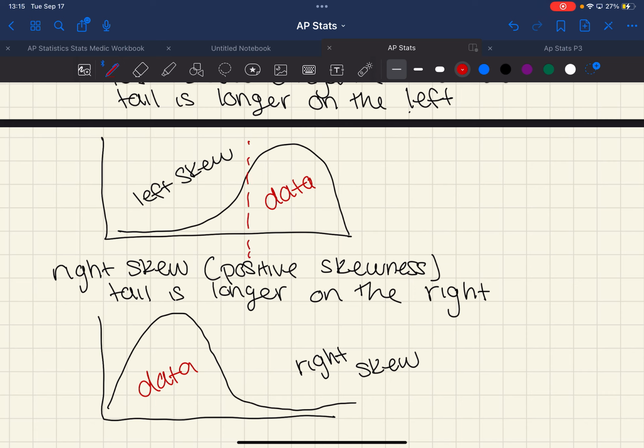So right here and right here, this is the median. And then on the left one, right before that is going to be the mean. And then right after that on the right side is going to be the mean. And then on the opposite side is going to be the mode.